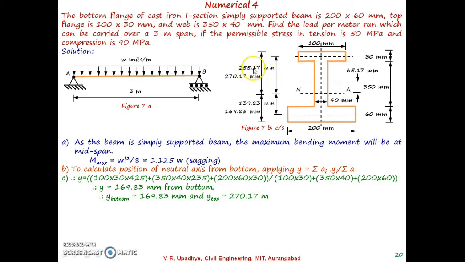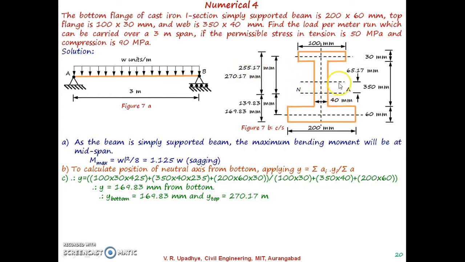Then from the centroid of the top flange, the position of the neutral axis will become 255.17 mm. That is 270.17 minus 15, the centroid of that first area from top, 15 mm. That is deducted, and then it gives us 255.17 millimeter.